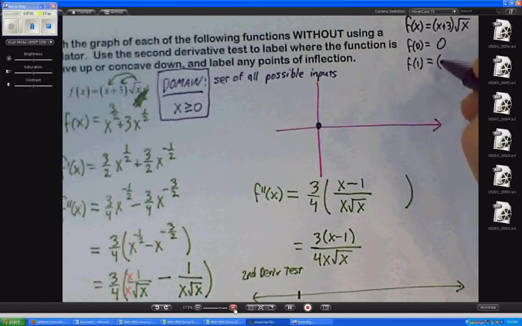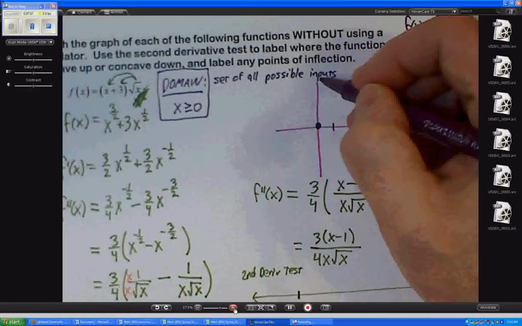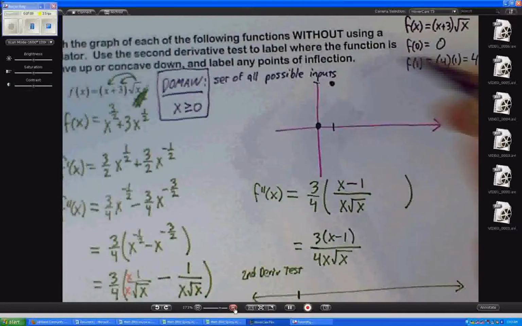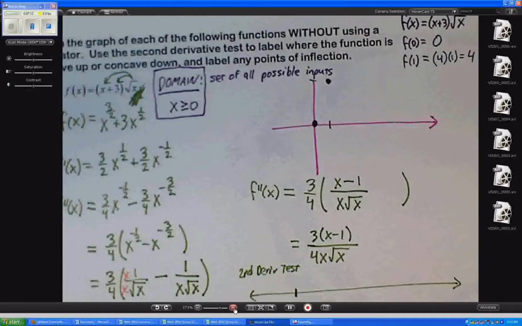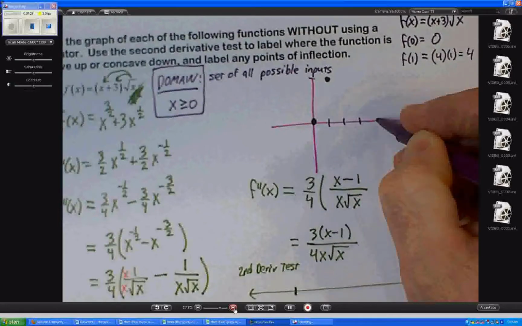I'll get 4 times 1 is 4. So it goes through 1 comma 4. That's all I know so far. I think the next nice point to plug in would be 4. Then you get, what, 14 or something like that? So over there somewhere. Okay.